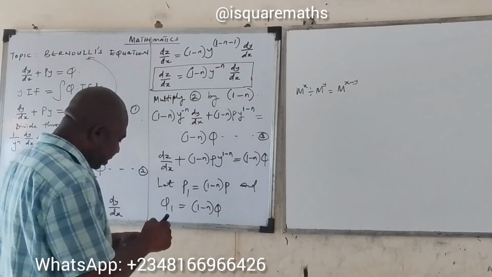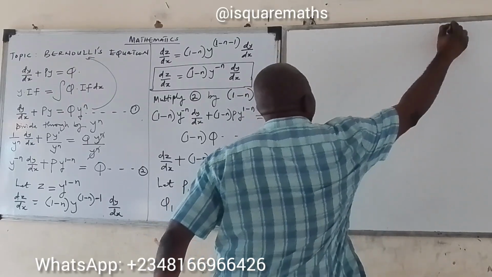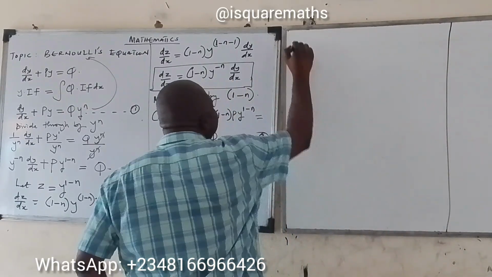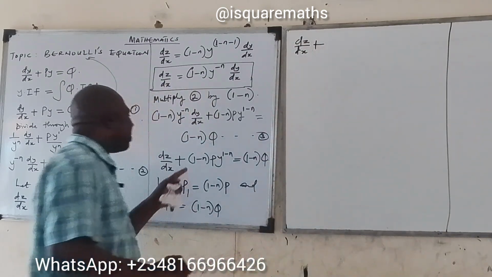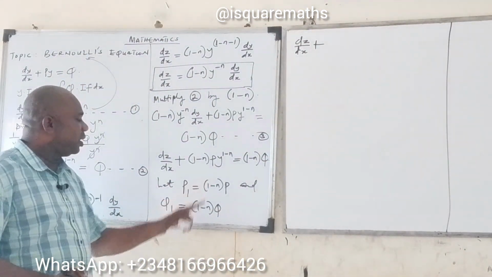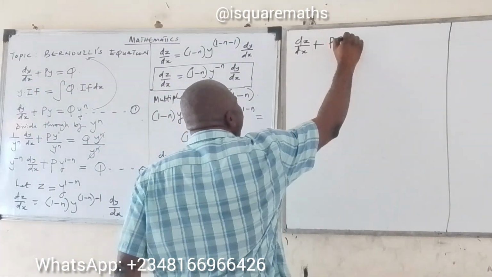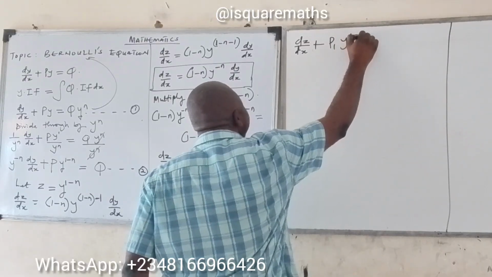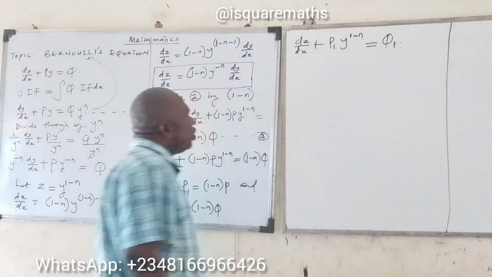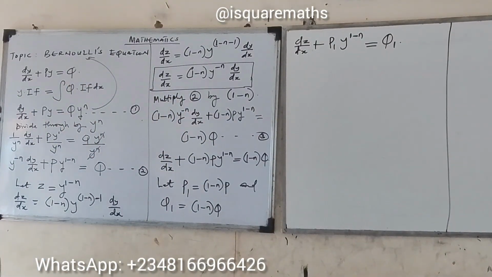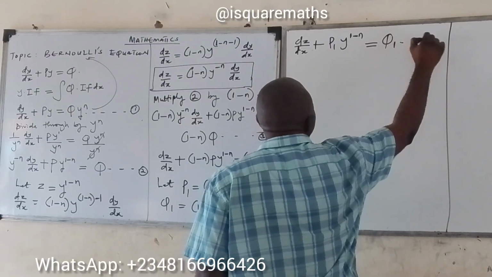So here we're going to have dz/dx plus, remember 1 minus n times p is now our p1, so we have p1, then y raised to the power of 1 minus n. The whole of this will be equal to q1. Let's call this equation 4.